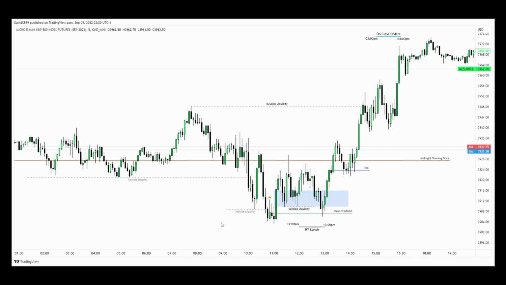This is Thursday's trading for the micro E-mini S&P 500. It's the 5-minute time frame, and here we can see a buy model kicking in. Price is trading lower and is raiding this pool of sell side liquidity with those relative equal lows, and also price is trading lower a second time, raiding the sell side liquidity below this short-term low as well.